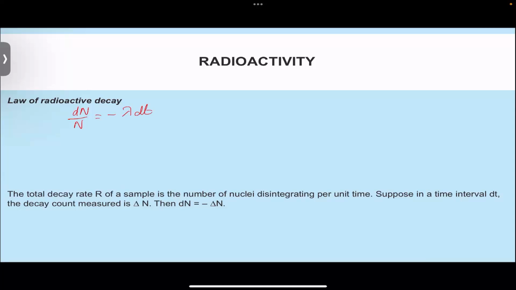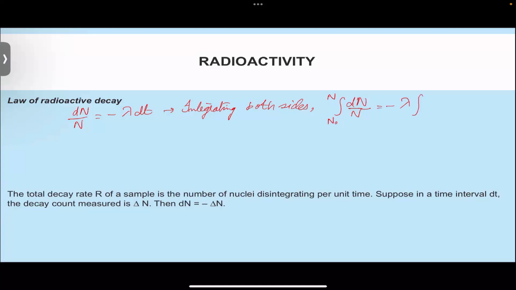Now, integrating both sides, we will get the integral from N0 to N of dN/N equals minus lambda, which comes out since it's a constant, times the integral from t0 to t of dt.